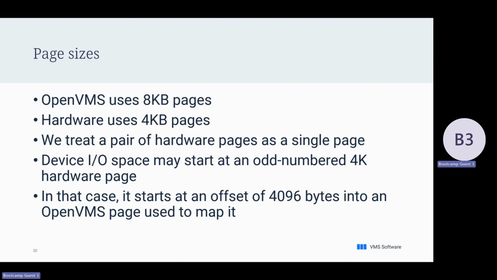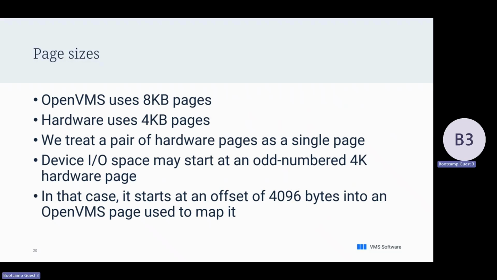Now, your device may expose some IO space that's memory mapped, and the platform firmware decides where that's mapped in physical memory. And it may end up at an odd numbered 4K page. What happens if you map that page?